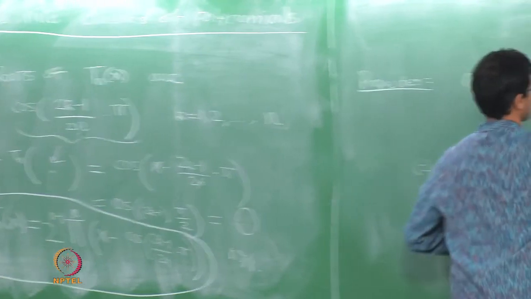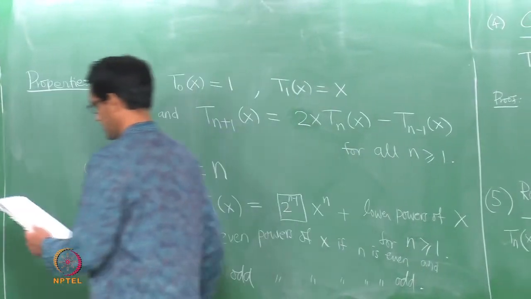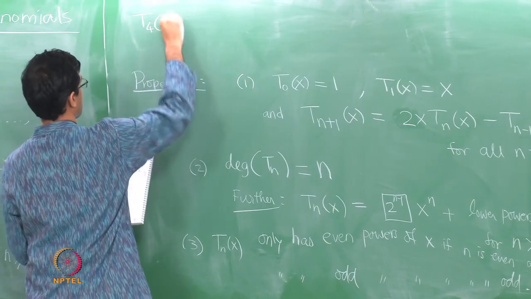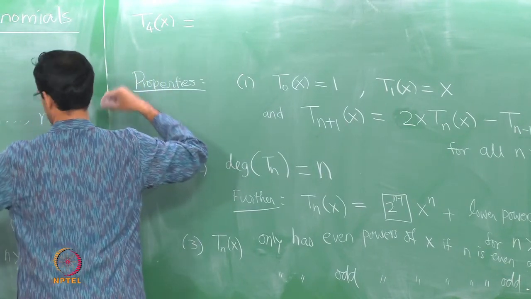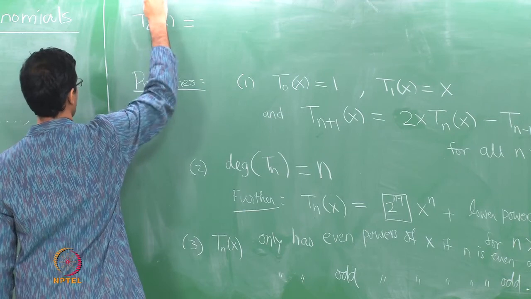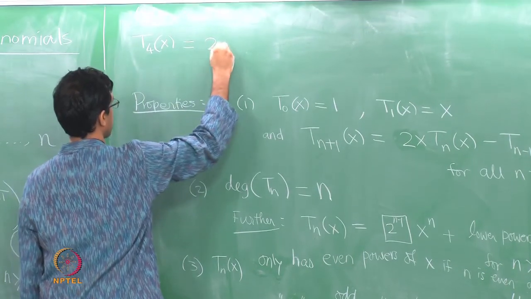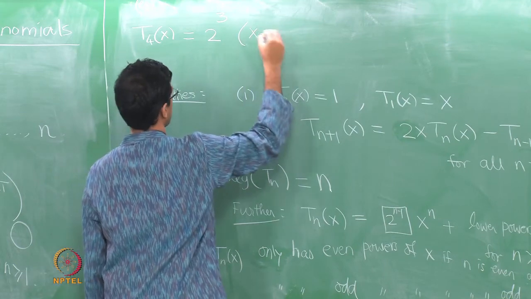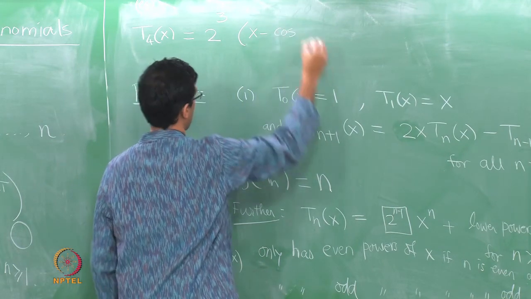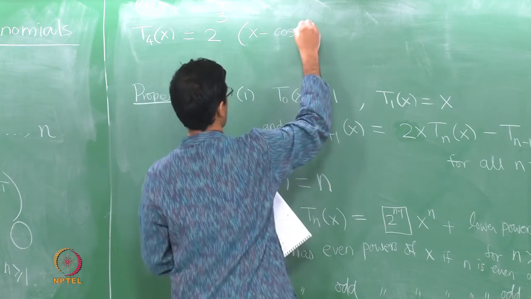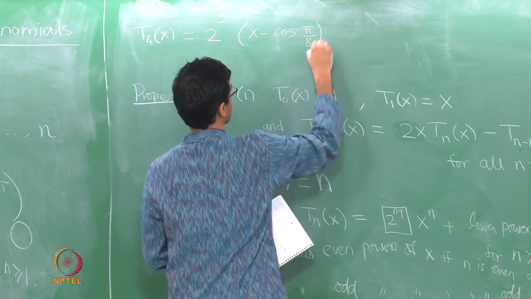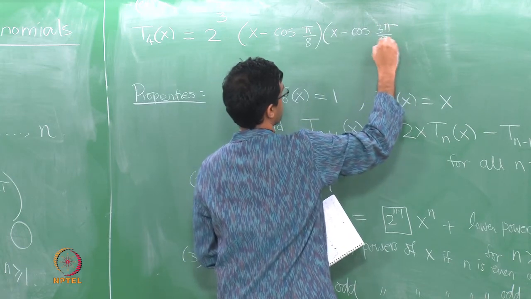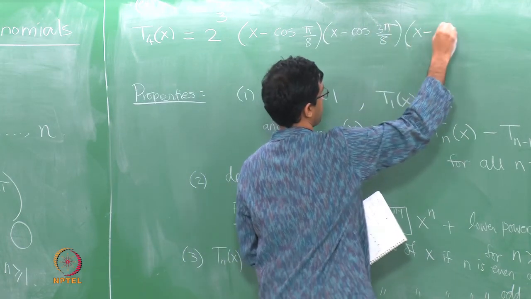So let me just end this by observing, if you look at T4 of x, just plugging in this formula, here's the example. T4 of x is in fact 2 cubed, that's 2 to the n minus 1, times (x minus cosine of pi by 8), (x minus cosine 3 pi by 8), (x minus cosine 5 pi by 8) and (x minus cosine 7 pi by 8).